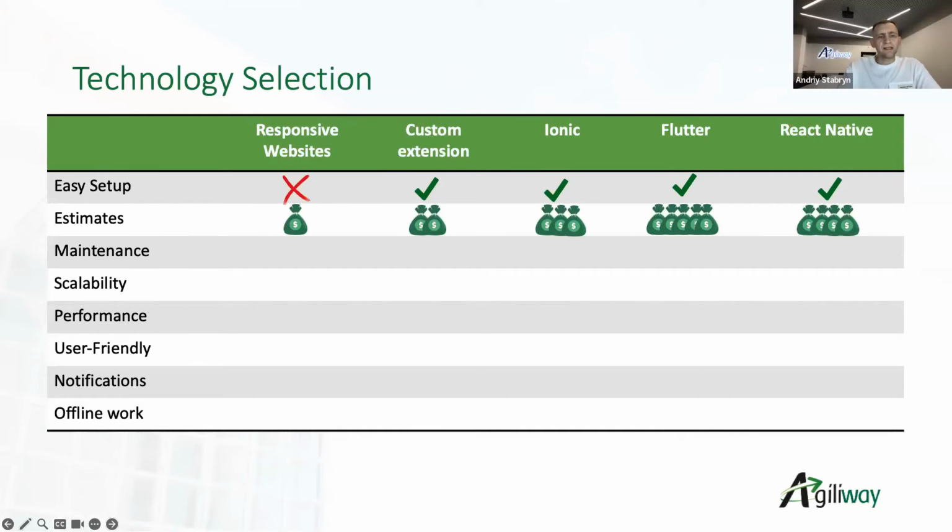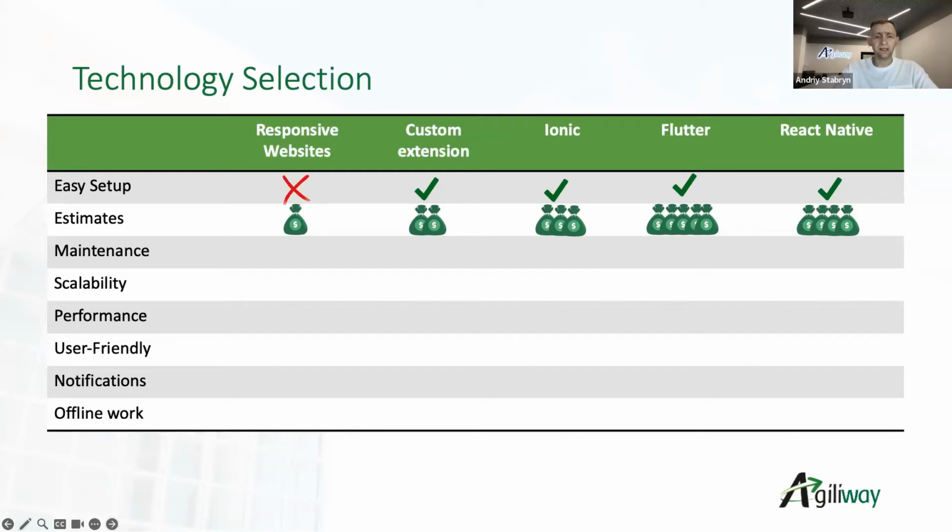The next item is estimate. The responsive website is the cheapest. Generally, it involves making UI changes, making it more budget-friendly. Custom extension requires more time, but only a PHP engineer is required, so it's reasonably priced and lands in second place.